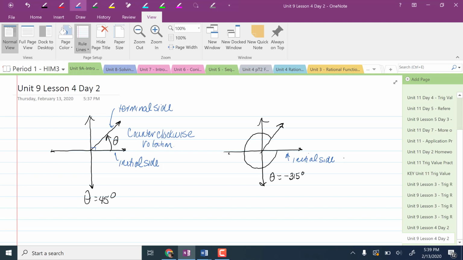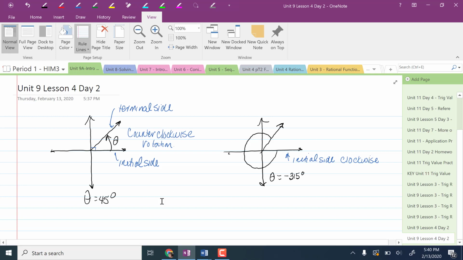But this time we are rotating clockwise. And the measure of the angle itself is not negative.